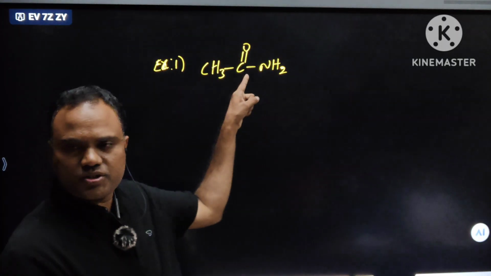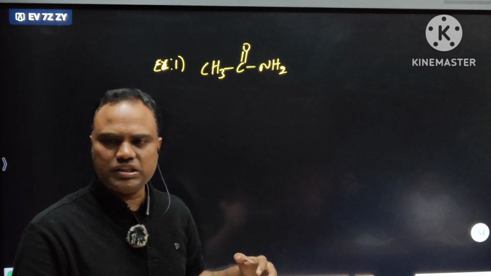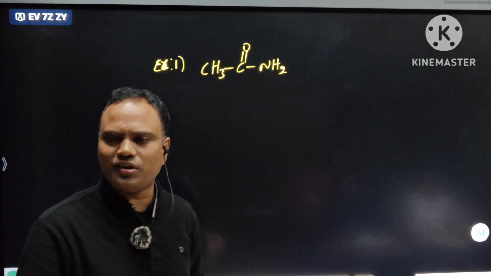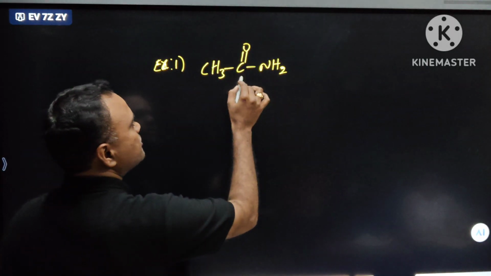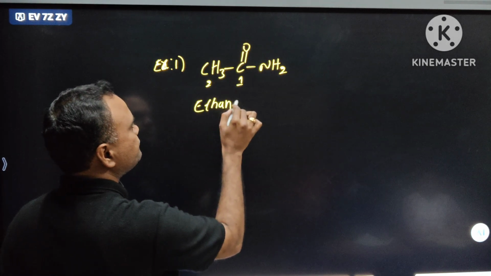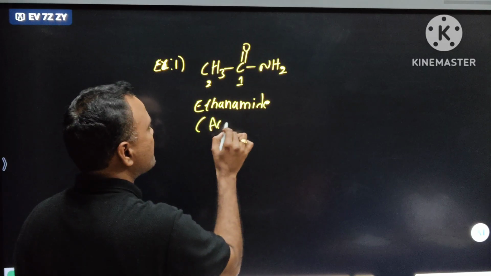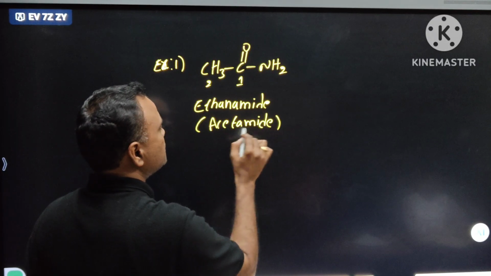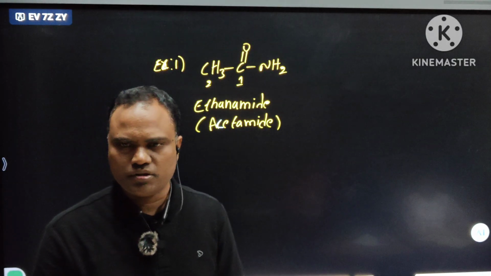How many carbons are present here? 2 carbons are present, so ethanamide, commonly called acetamide. That's why nomenclature is important. Everyone should be thorough in the nomenclature of first year.